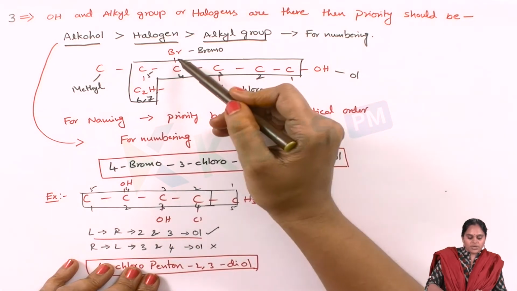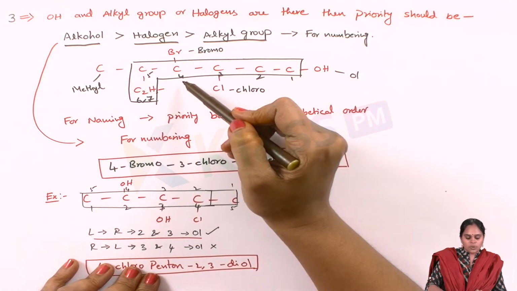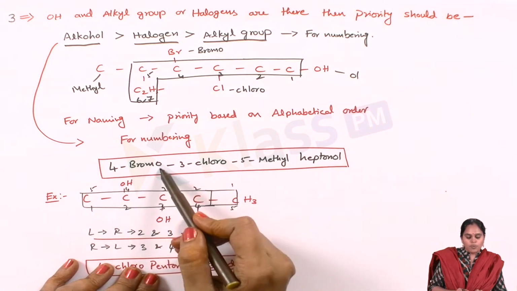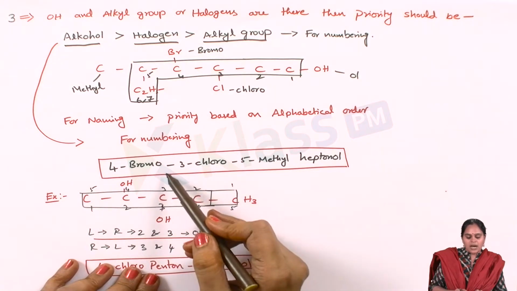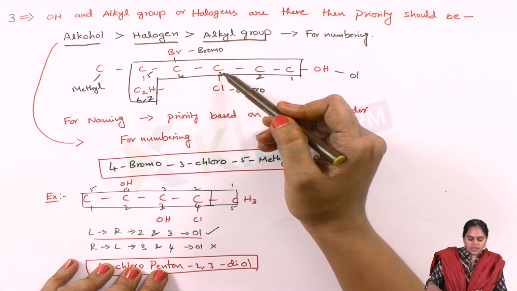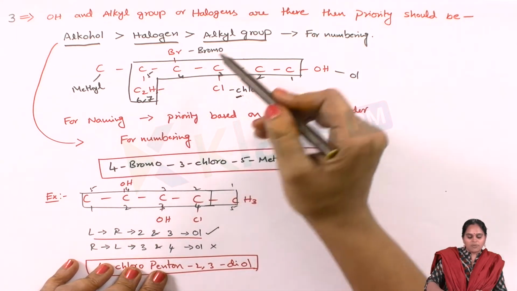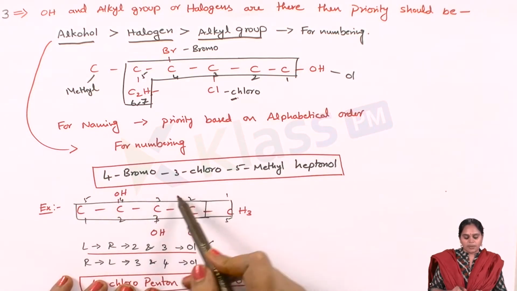And bromo is added. Here bromine is added at the fourth carbon, and so we have to represent the number and bromo. Fourth carbon, bromo is added, and at the place of 3, after B what letter will come? C. So we are following the alphabetical order convention for giving the name.